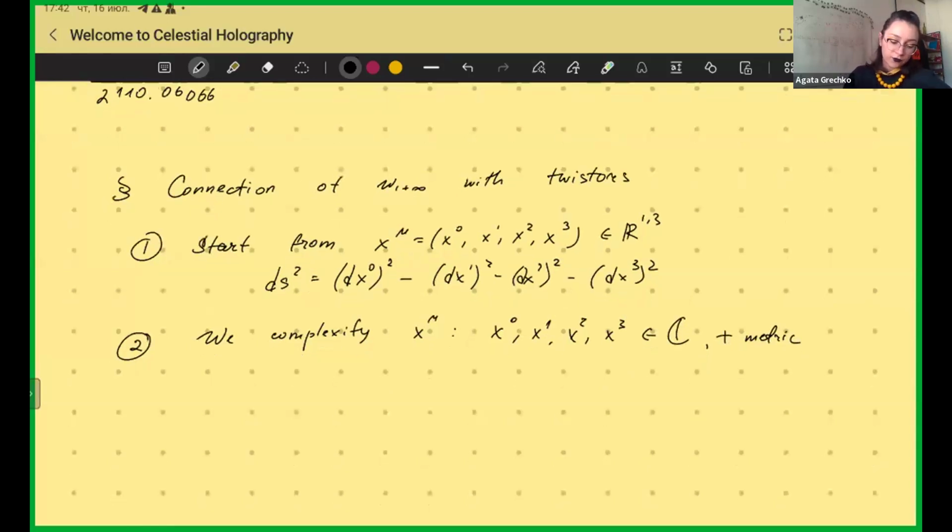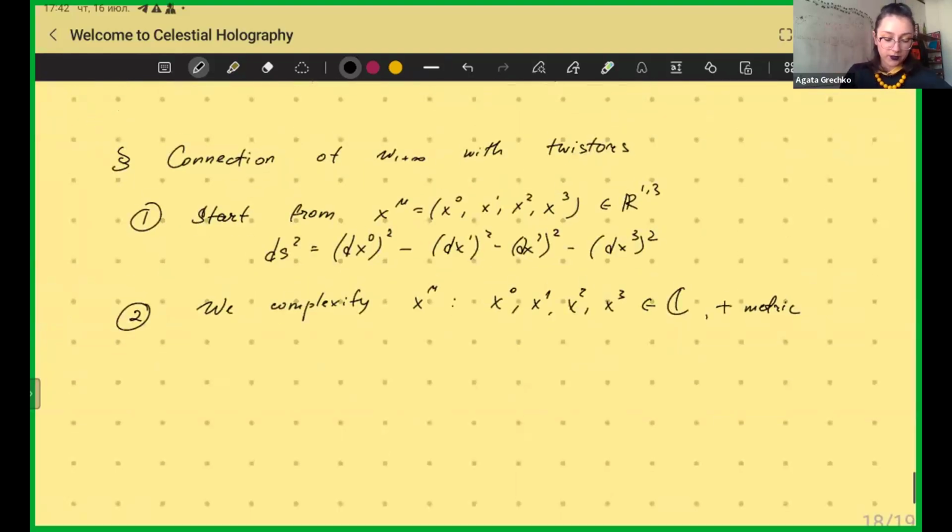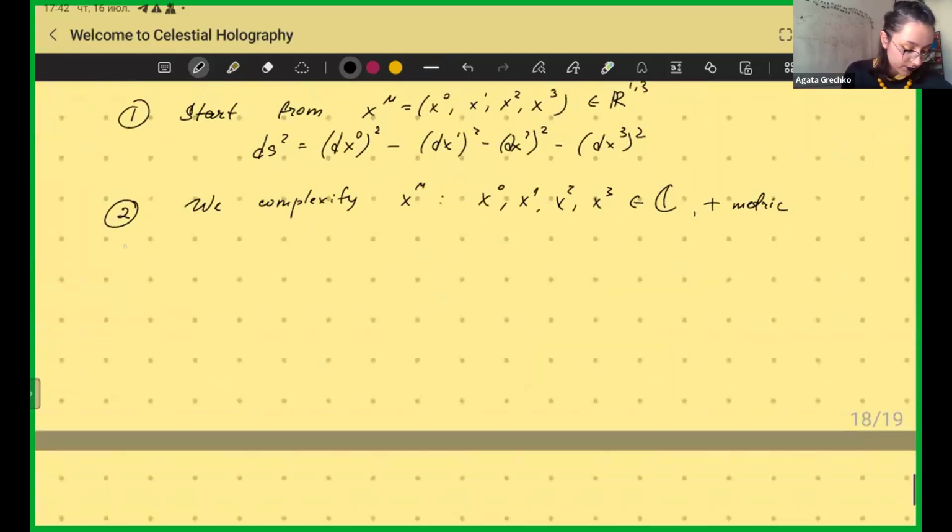Now out of this complex vector, we can construct a 2 times 2 matrix as follows, with 2 indices: the undotted index and the dotted index.